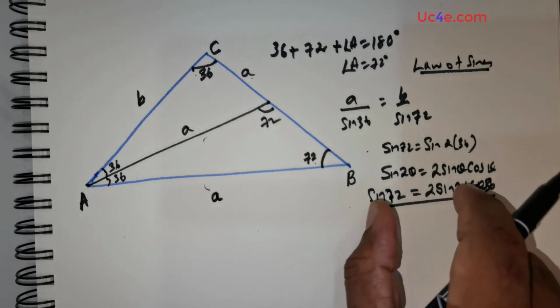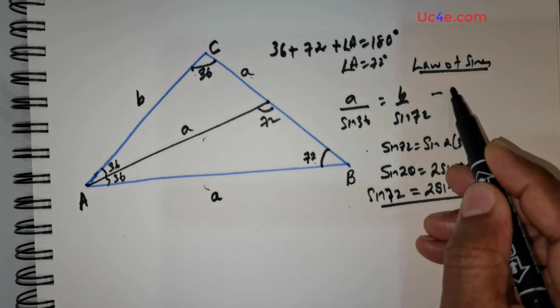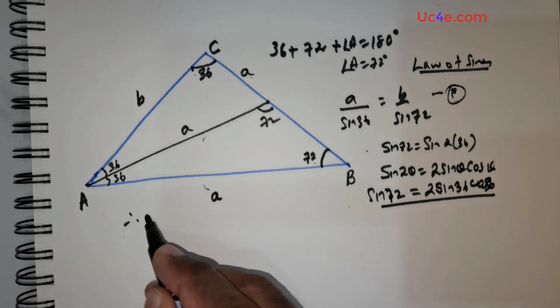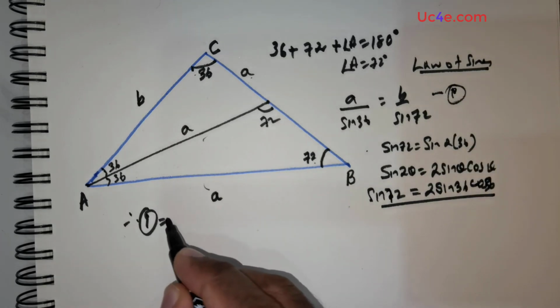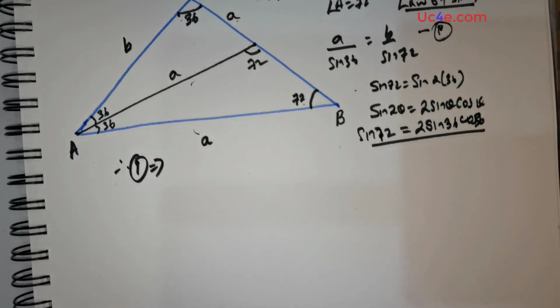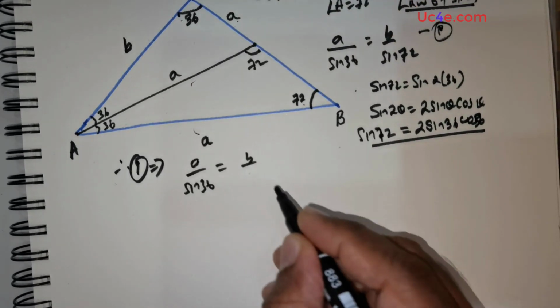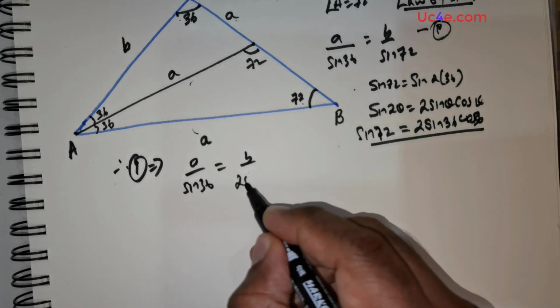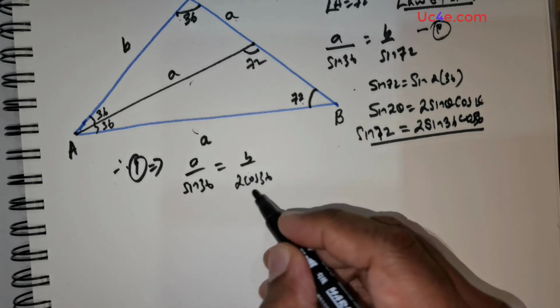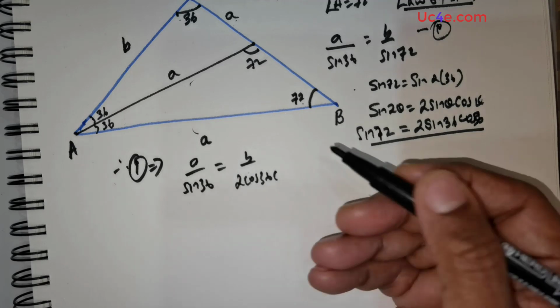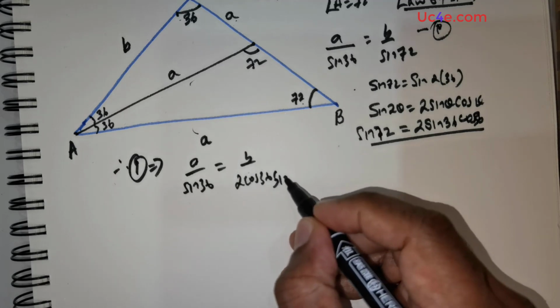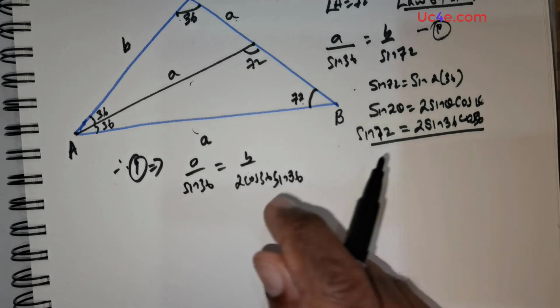So let me take this value and place it here. Therefore A divided by sine 36 is equal to B over 2 times sine 36 cos 36. You can write it as sine or cos, so I have started with cos, followed by sine of 36. So this is what I've got.